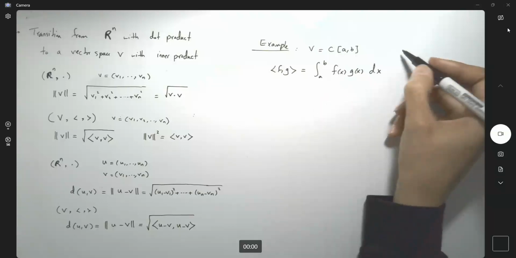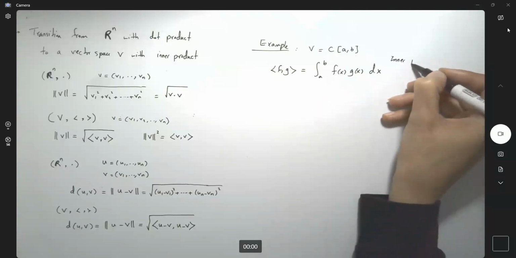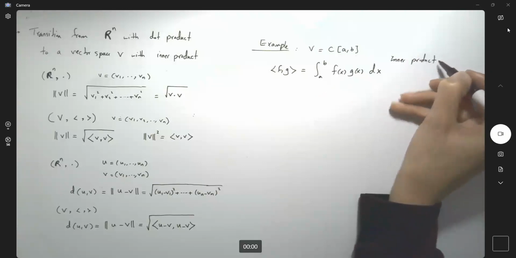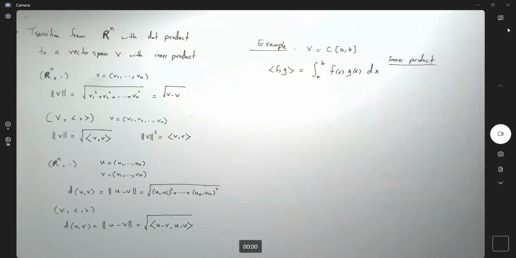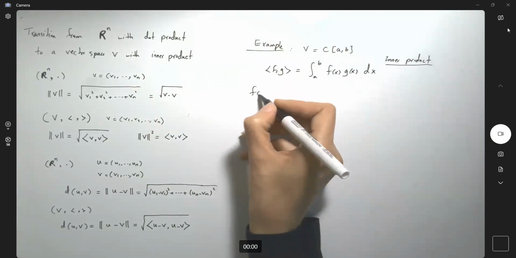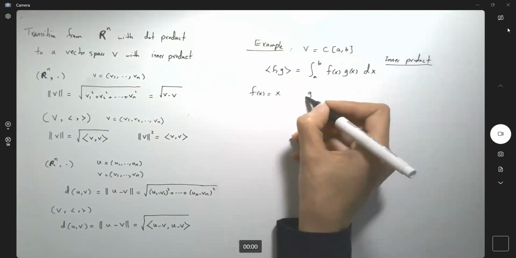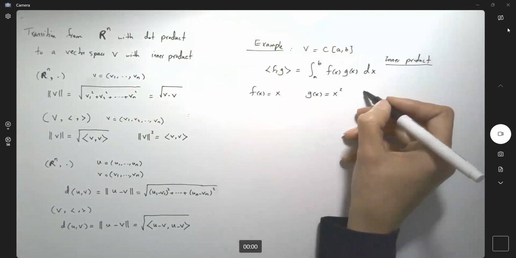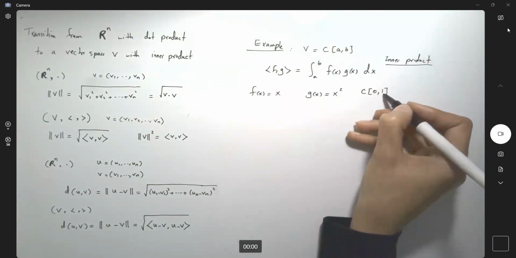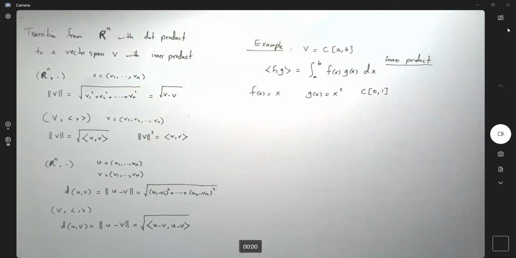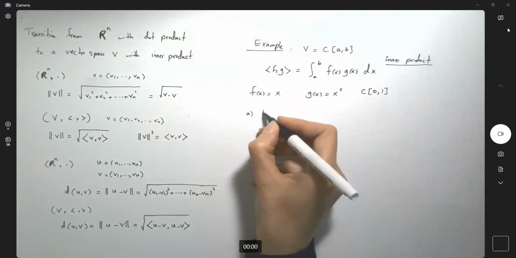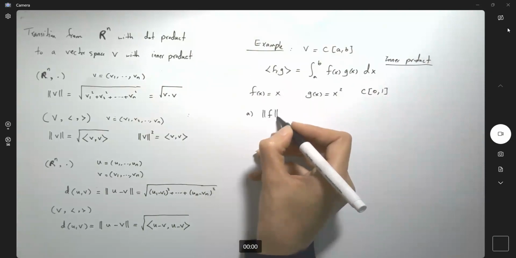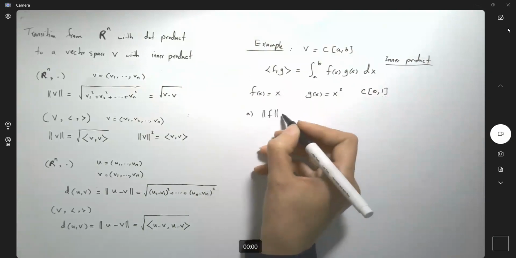This is indeed an inner product. You can check, it's basic algebra. Now, suppose I give you f of x to be x and g of x to be a quadratic function, and I'm going to define it on the closed interval 0 to 1. I ask you to find the magnitude or norm of function f.